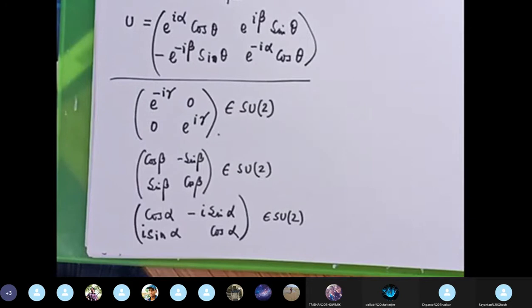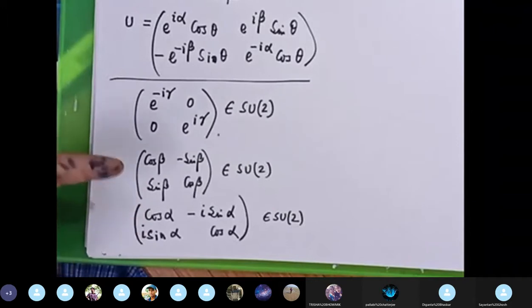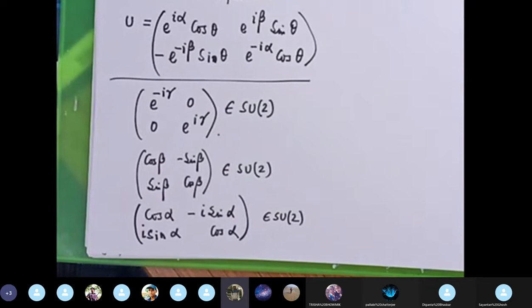Unitary matrices form a group, so all three are elements of SU2, and since SU2 is a group, their product by the closure property should belong to SU2, or you can check it also independently.